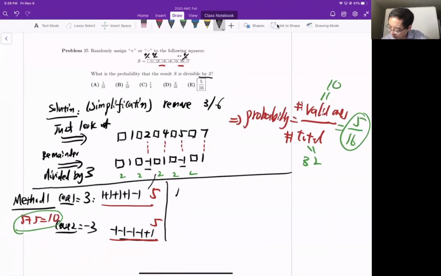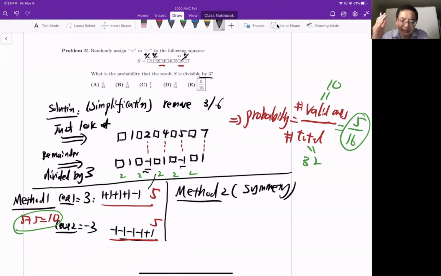Method 2, we can further simplify this problem, use symmetry. Okay, now look, I have a negative one here. Well, sometimes we don't want to handle negatives, because if you put a negative or a plus in front of number 1, there's no real difference in terms of probability.